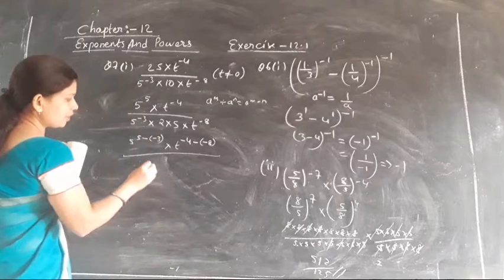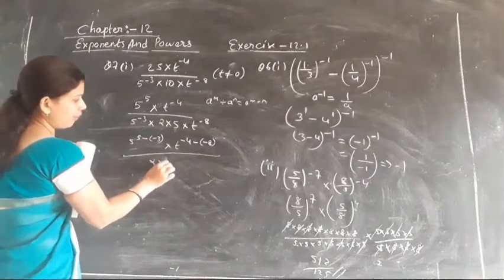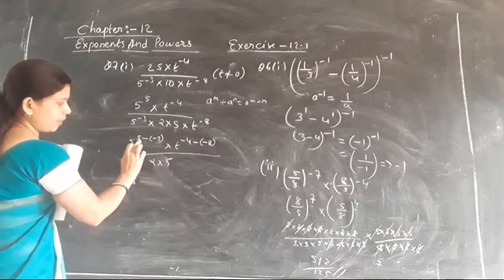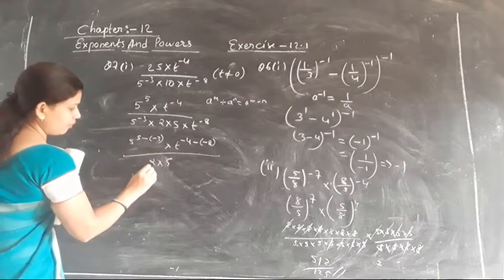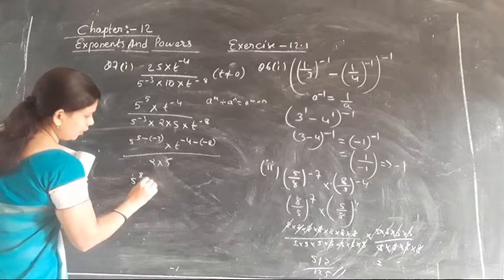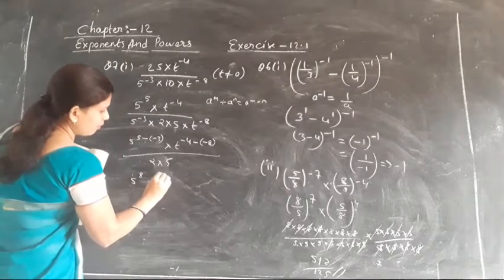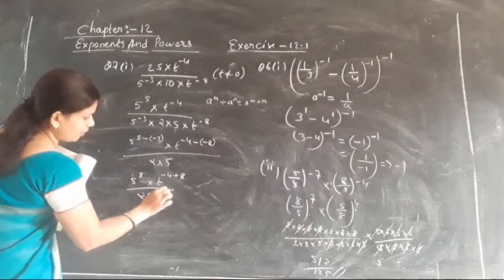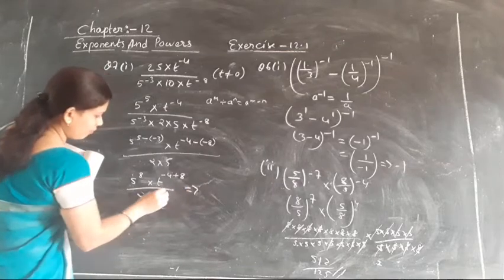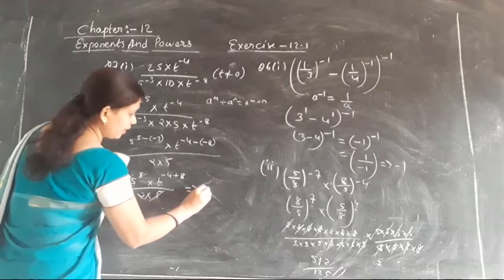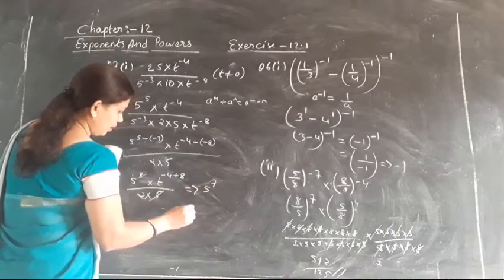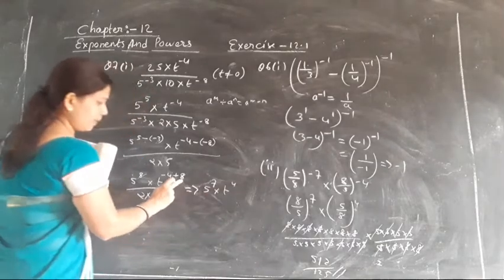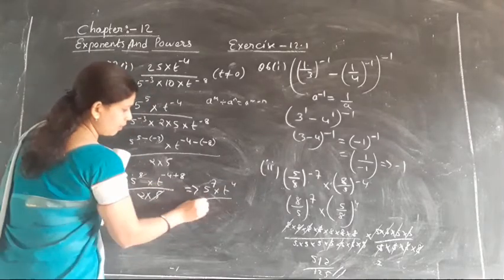We used the law of exponents; what remains below? 2 into 5 remains. So opening the bracket, 5 to the power 5 plus 3 will be 8, into t to the power minus 4 plus 8, upon 2 into 5. So here the 5 from the numerator and denominator will get cancelled. 5 to the power 7 into t to the power 4 upon 2.